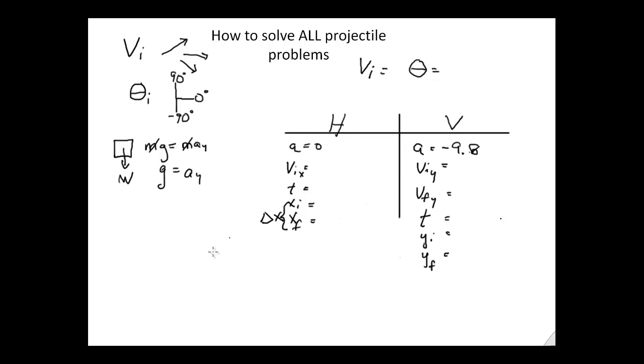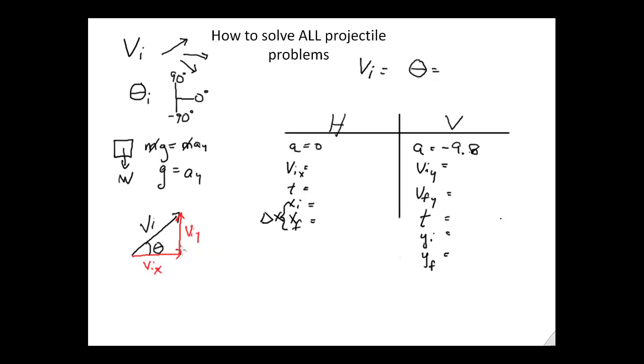Before I finish though, let's review this. Let's go back to the initial velocity up here. I should have mentioned this sooner. We always think about it this way: if an object has an initial velocity at some angle theta, then we know that it contains an initial x velocity as well as an initial y velocity.